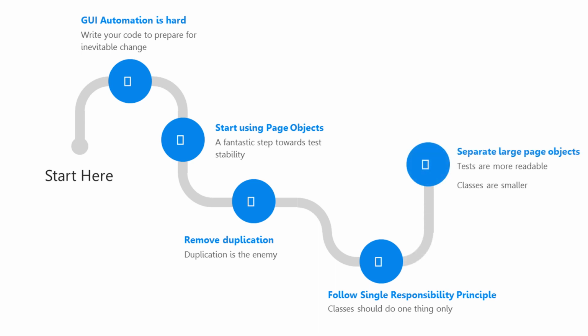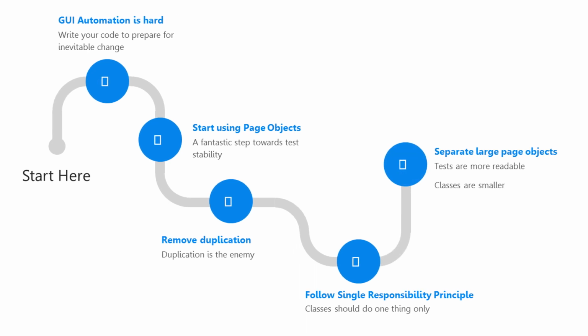Again, afterwards, we learned that you need to separate large page objects. Separating large page objects that have a lot of HTML elements on them is going to make your tests more readable and your classes smaller. When your classes are smaller, they're easier to maintain. And when your tests are more readable, that's just great for everybody because it's easier to understand all of your tests.